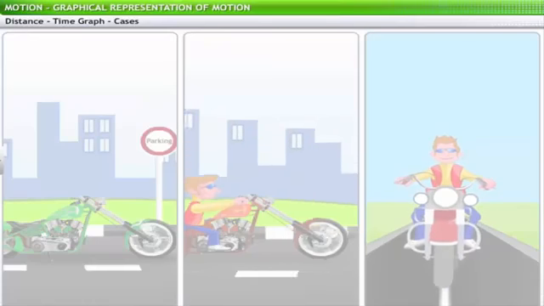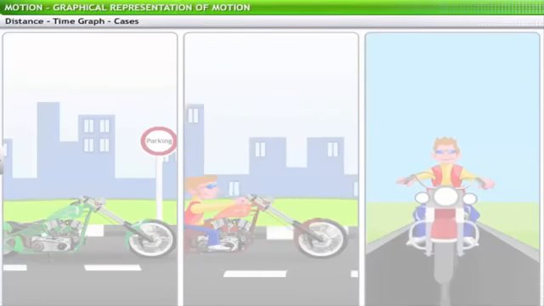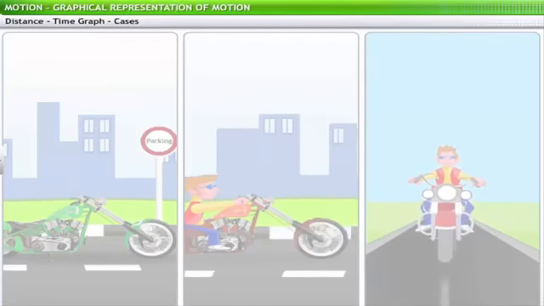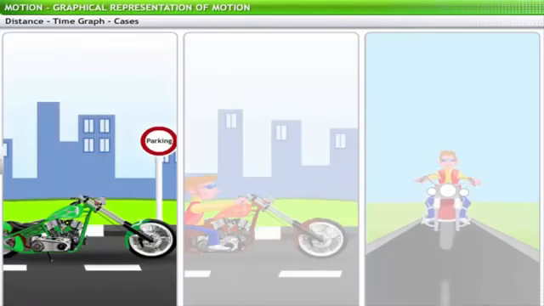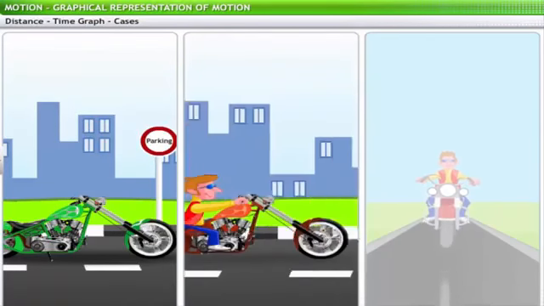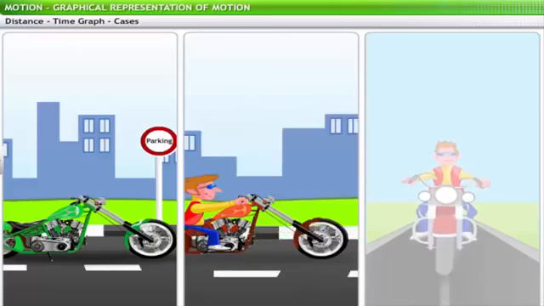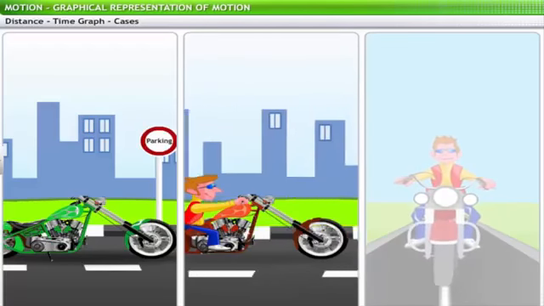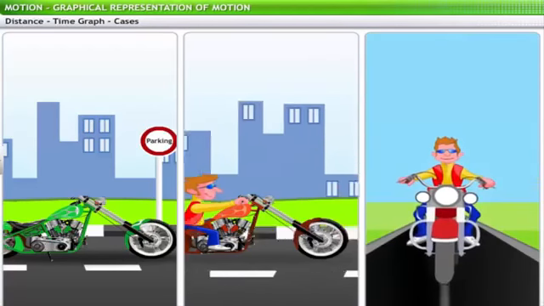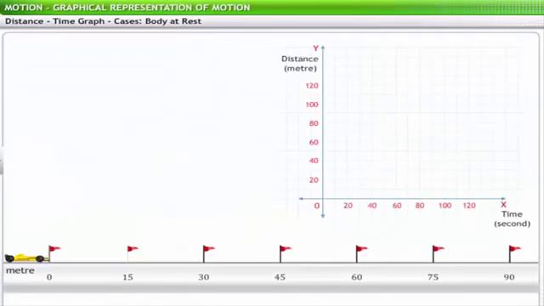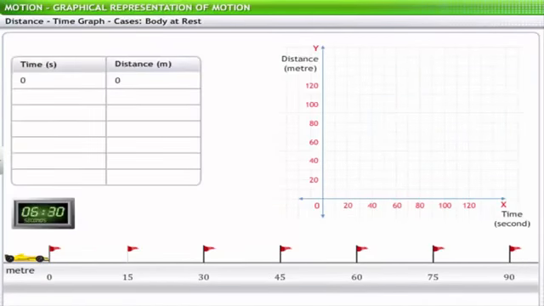Considering the nature of the motion of a body, a distance-time graph may show a body at rest, a body with uniform motion, and a body with non-uniform motion. If a body is at rest and does not move, we say the distance travelled by the body is zero, no matter how much time has elapsed.